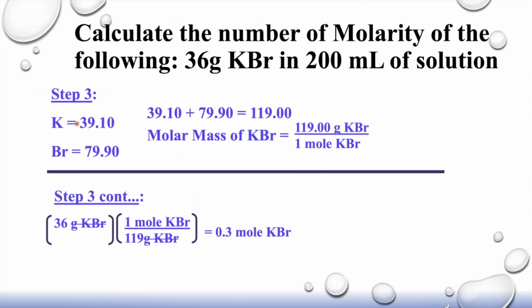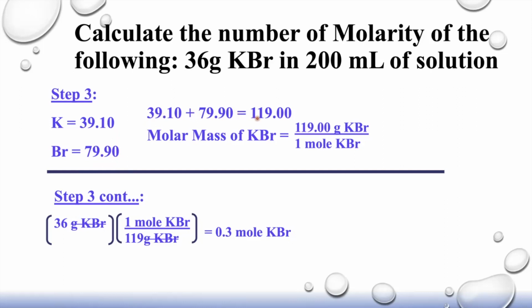Individually, the atomic mass of potassium, looking at the periodic table, is 39.10. The atomic mass of bromine is 79.9. I had to round up. I always round to 2 decimals. You never want to round to the first decimal. You want to save some room here because sometimes that does make a difference, and sometimes it doesn't.